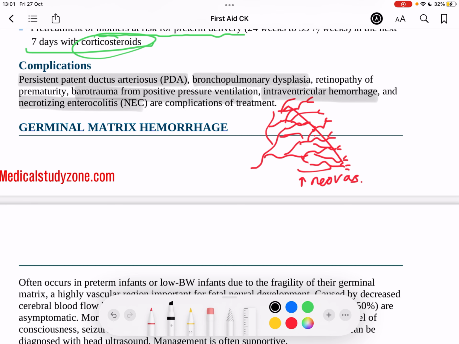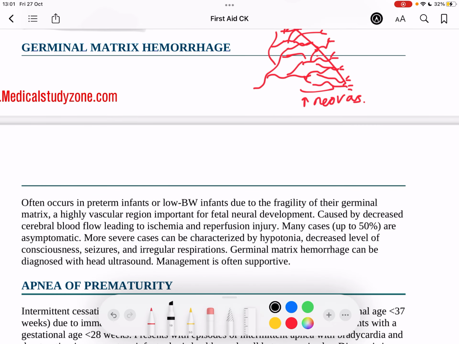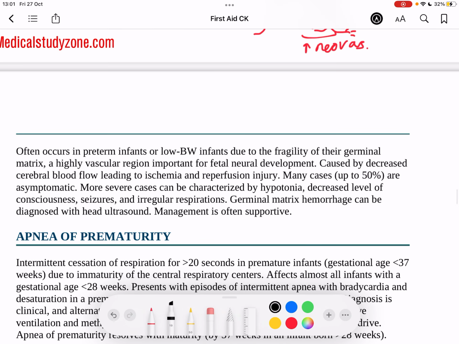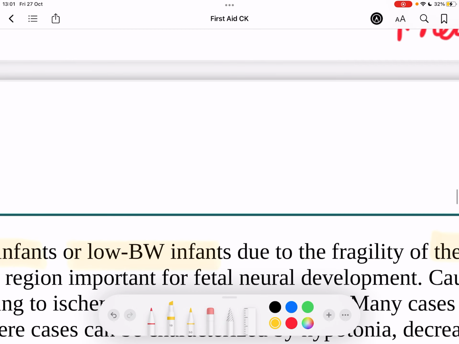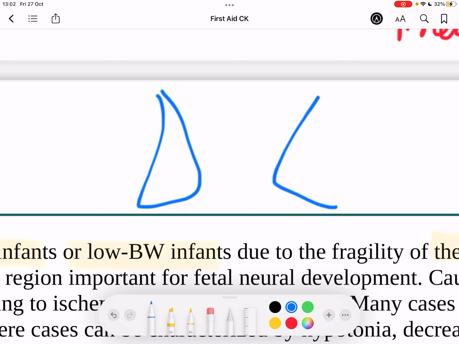Let's talk now about germinal matrix hemorrhage. Germinal matrix hemorrhage usually occurs in preterm or low birth weight infants, and it's due to a fragility of the germinal matrix. Just to the side of the lateral ventricles there is an area called the germinal matrix.